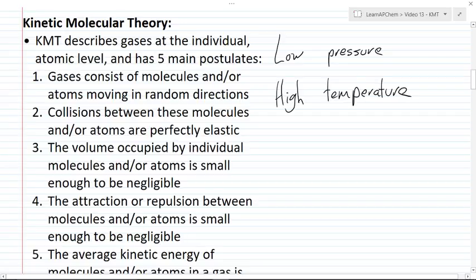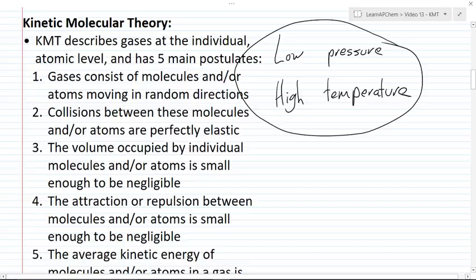So let's think for a second about why we would assume this. I'll come back to answer that after I walk through these postulates.